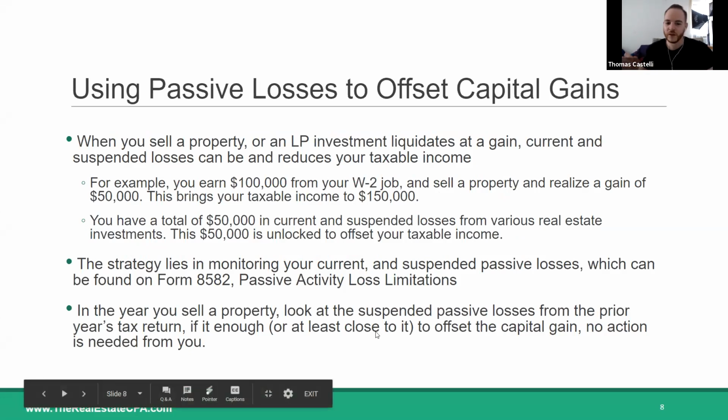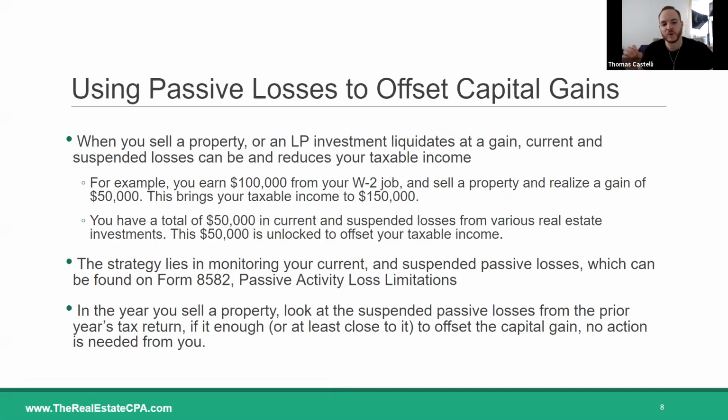For example, you have $100,000 from your W-2 job, and you sell a property and realize a gain of $50,000. This brings your total taxable income to $150,000. But you also have $50,000 in current and suspended losses from other real estate investments. This $50,000 is now unlocked to offset your capital income, reducing your income now to $100,000.